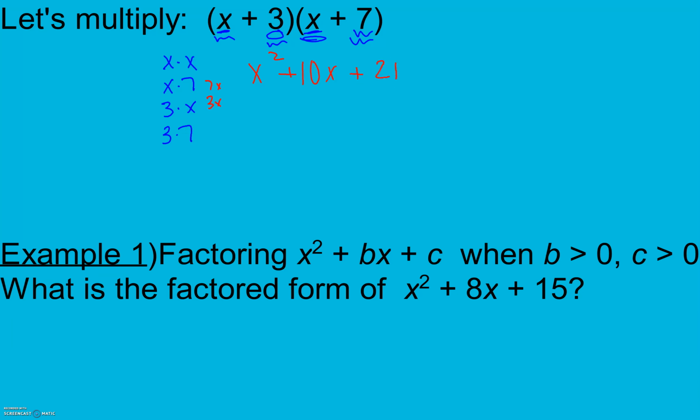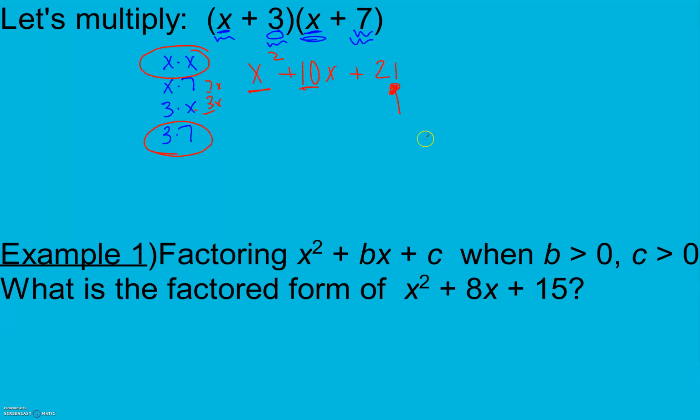There's a pattern here, guys. Every single time we take our first two terms and multiply them to get our firsts. We take our last two in each polynomial and multiply them to get the last term in our trinomial. We take the number parts, our coefficients of our variables, as long as they're like terms, and we add them up to get our middle.